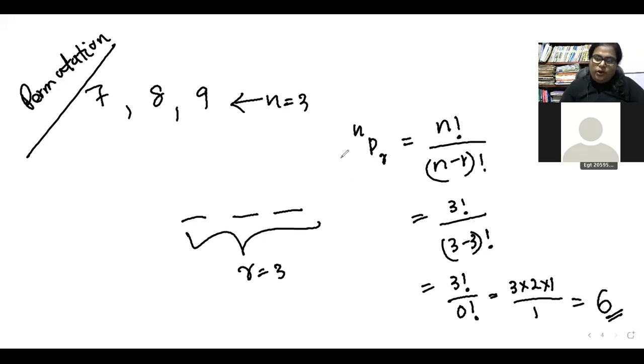Imagine that you don't know about these types of formulas, the combinations formulas. In this situation also you can get the answer by thinking like this.